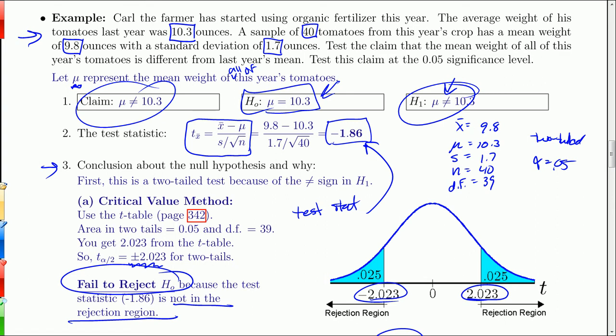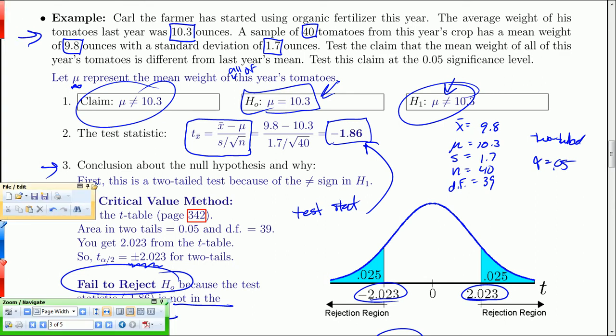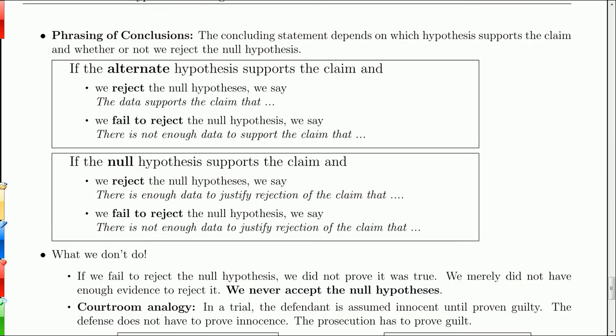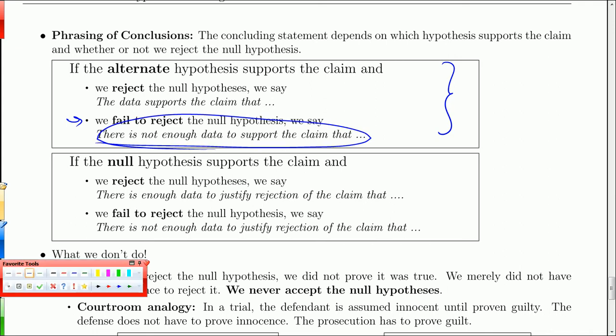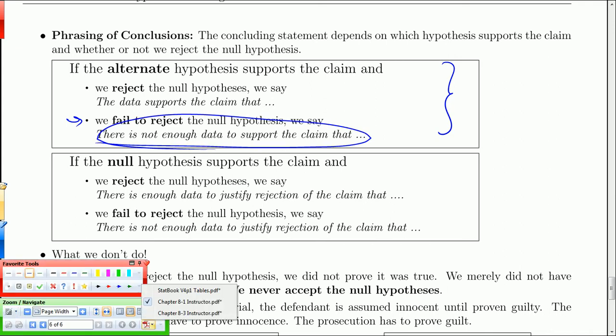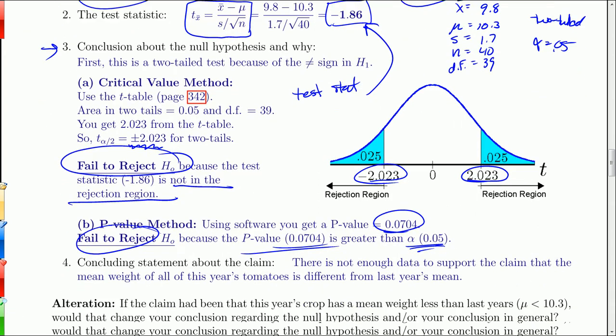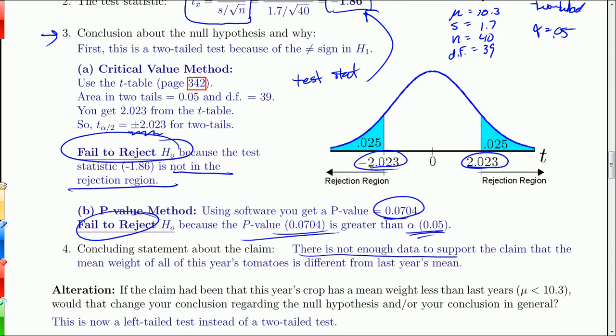The alternate hypothesis supported the claim, and we failed to reject the null. So we say there's not enough data to support the claim that the mean weight of all of this year's tomatoes is different from last year's tomatoes.